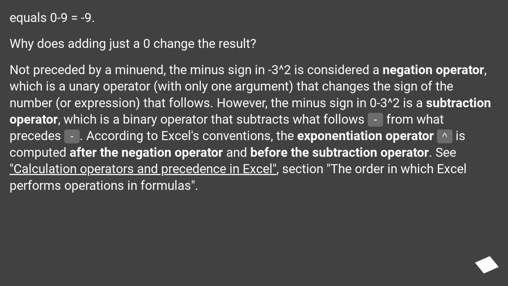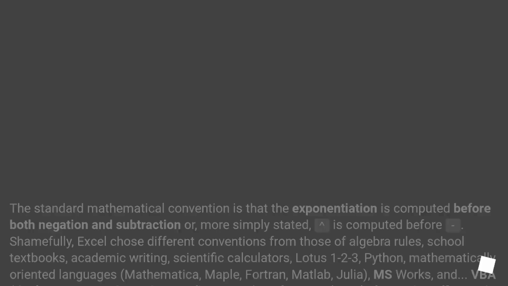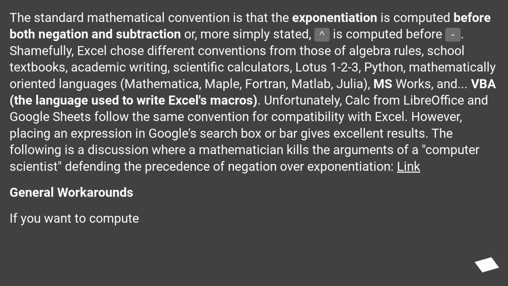According to Excel's conventions, the exponentiation operator is computed after the negation operator and before the subtraction operator. See Calculation Operators and Precedence in Excel, section The order in which Excel performs operations in formulas. The standard mathematical convention is that exponentiation is computed before both negation and subtraction, or, more simply stated, is computed first.